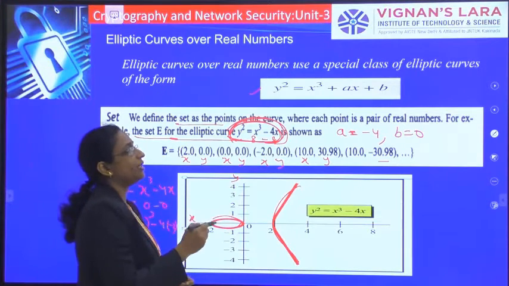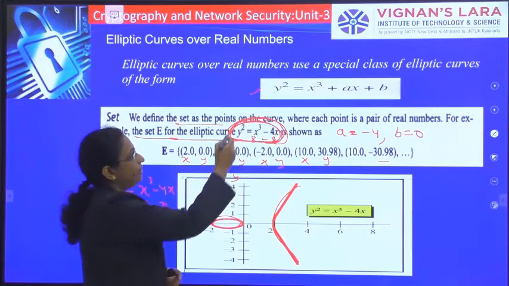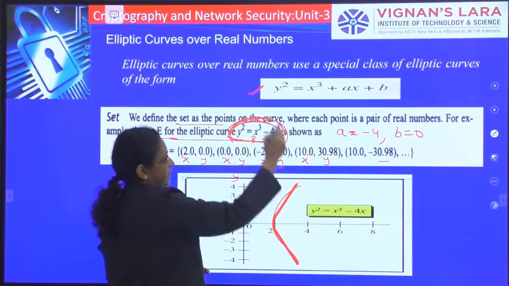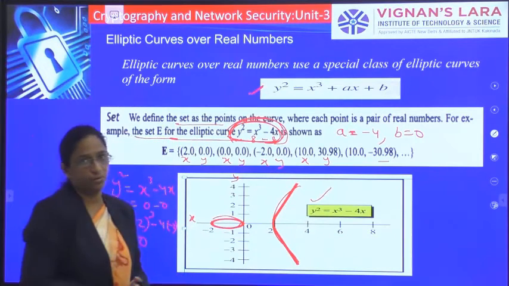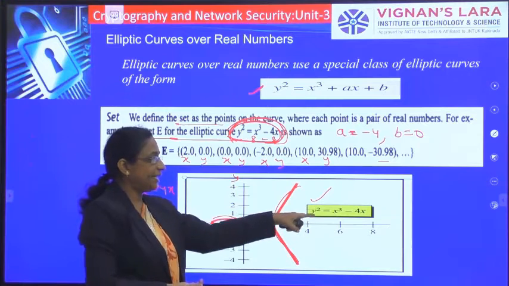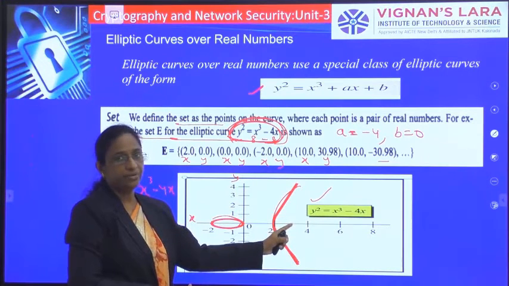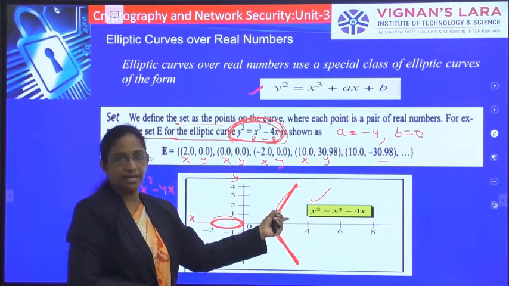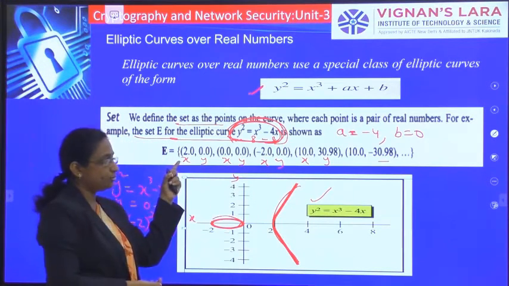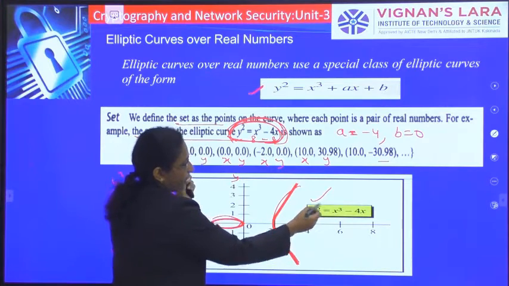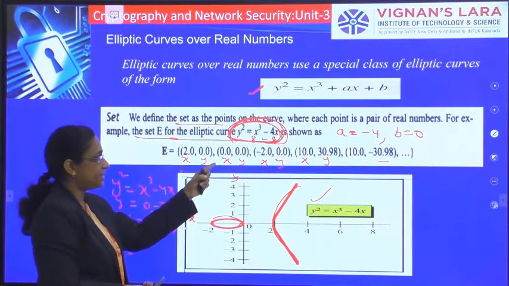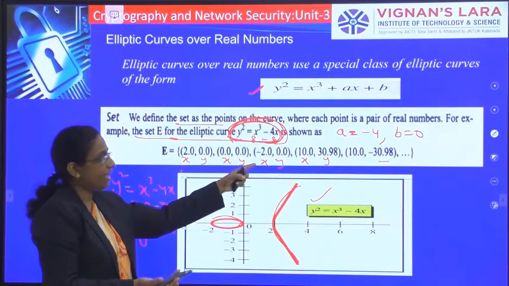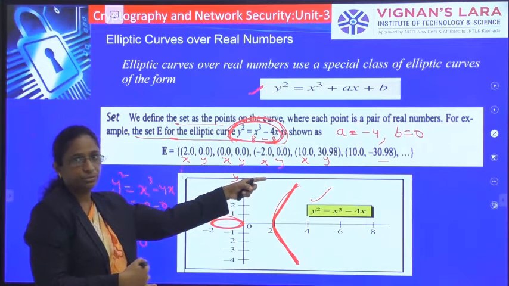If I take a equal to minus 4 and b equal to 0 in this equation, I will be getting an equation of this form. After that, taking different x values, I will be getting different y values, like taking x equal to 2, x as 0, x as a negative value.